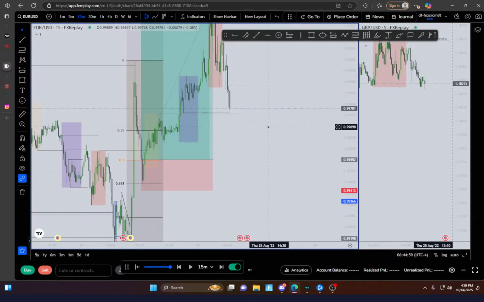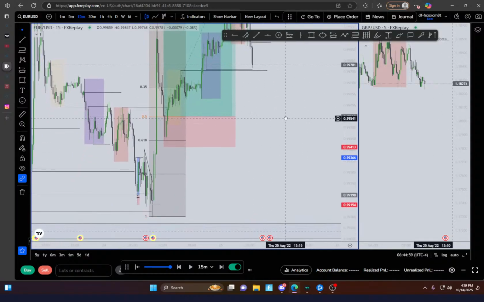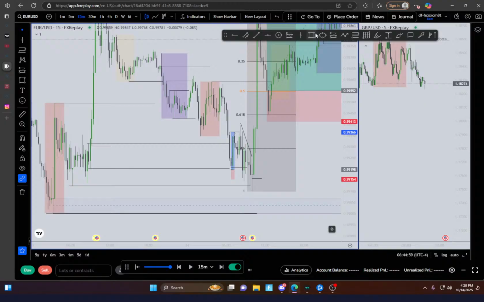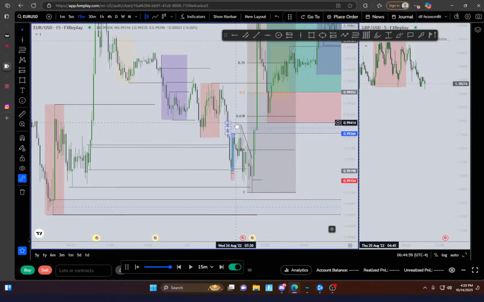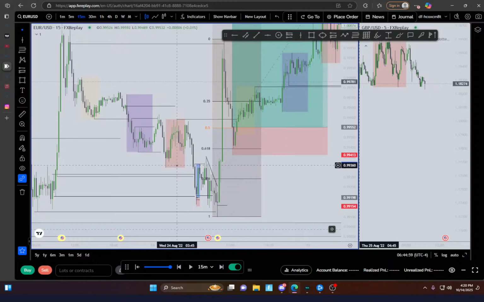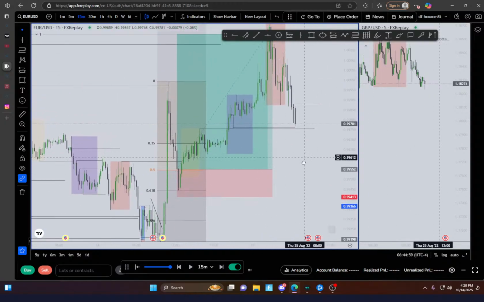But when you have fair value gaps, it's kind of a guessing game. It depends. Like this one right here to the left, great. This right here, okay, it hit consequent encroachment. But it's after already being an efficient price action.